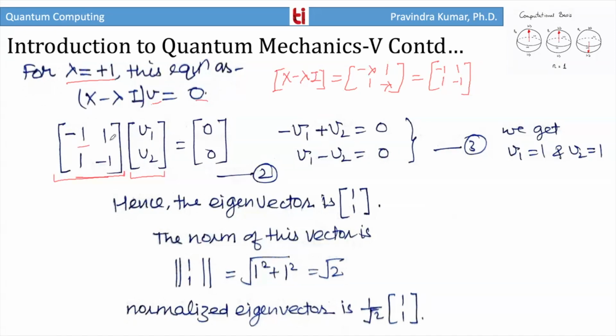From here we have minus v1 plus v2 equal to 0, and v1 minus v2 equal to 0. From these two equations we get v1 equal to 1 and v2 equal to 1. So the eigenvector is 1, 1, and the norm of this eigenvector is the square root of 1 square plus 1 square, which is root 2. So the normalized eigenvector is 1 by root 2 times ket 0 plus ket 1, or I can write this as ket plus, in the diagonal basis or X basis.